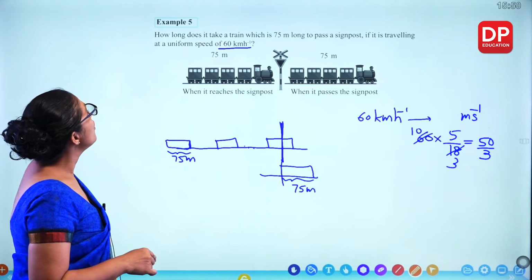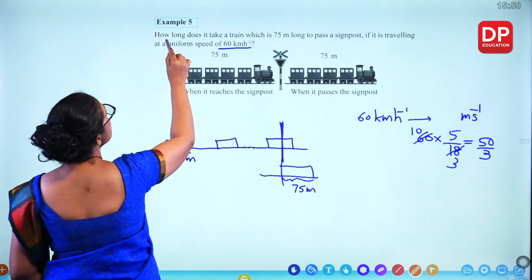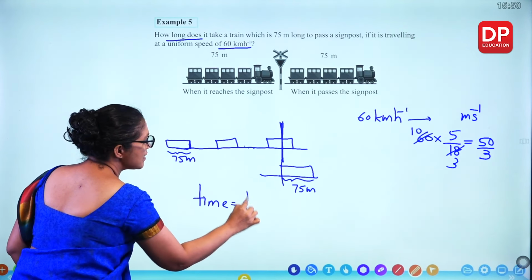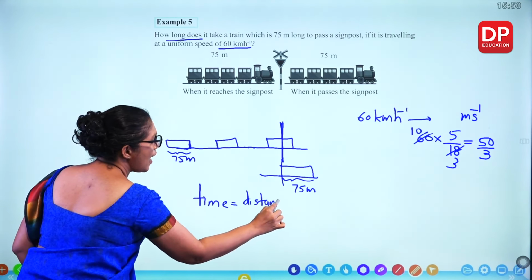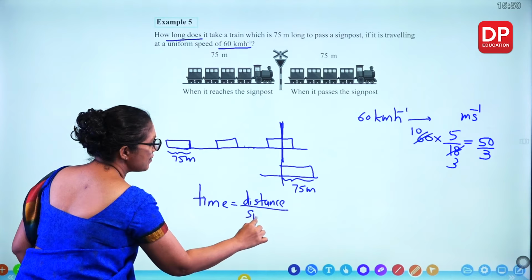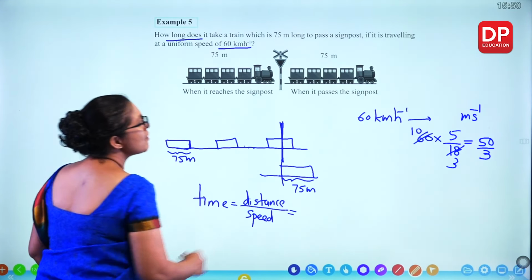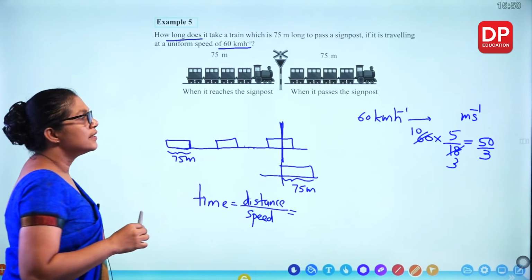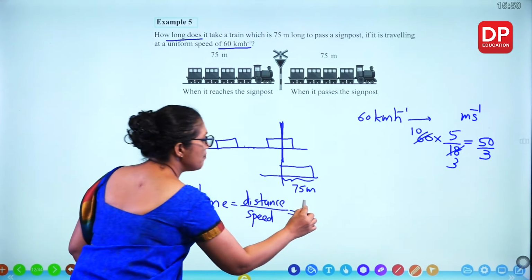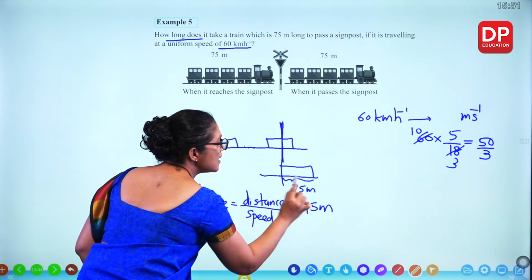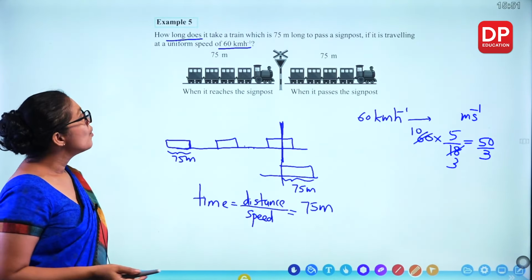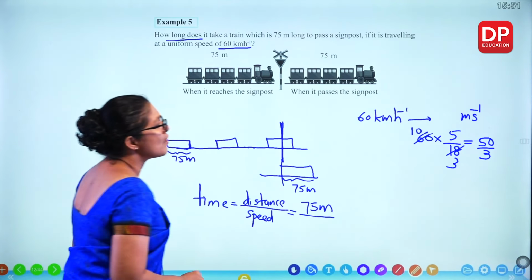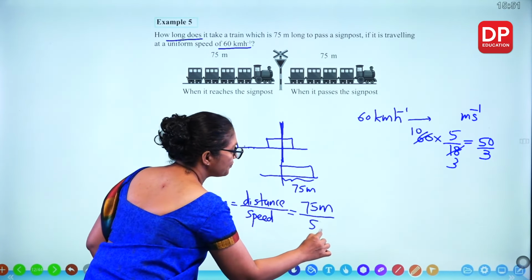Now you need to find out the time taken. The time is equal to distance divided by speed. We know the full length of the train is 75 meters. So 75 meters needs to go to pass the signpost. And what's the speed? 50 over 3.